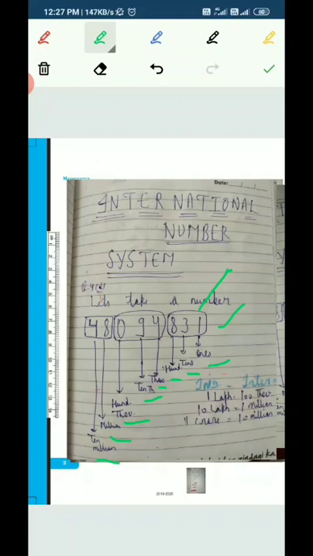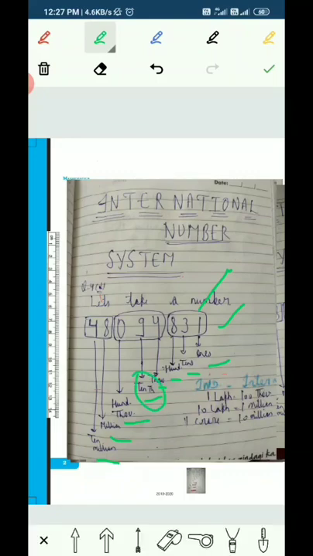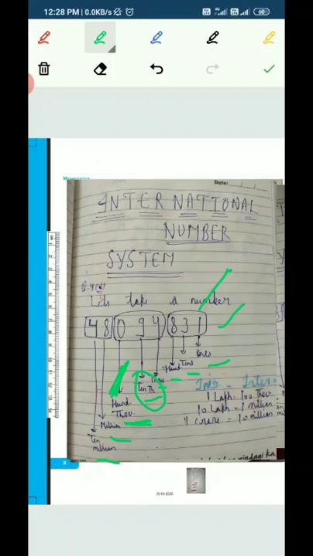So what are the changes here? As you can see, in this international number system, the place values up to 10,000 are just like the Indian number system, but after 10,000 there is a change. Whereas in the Indian number system we write lakh, here we write 100,000 in the place of lakh.